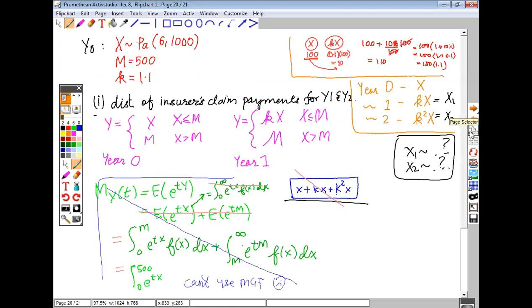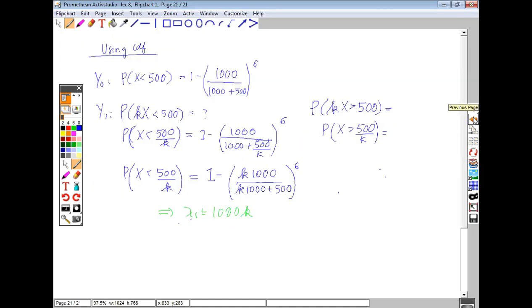Where have I mentioned that we're looking at the before reinsurance case? It's mentioned in the question: find the distribution for the insurance claim payments in year 1 and 2 before reinsurance. Very good. So we don't care about this stuff, right?